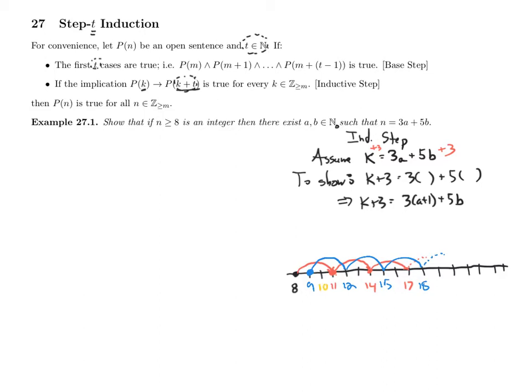We can just fill in those missing gaps with extra base cases. We fill in 10. Our machine allows us to show the truth of 13, 16, 19, etc.